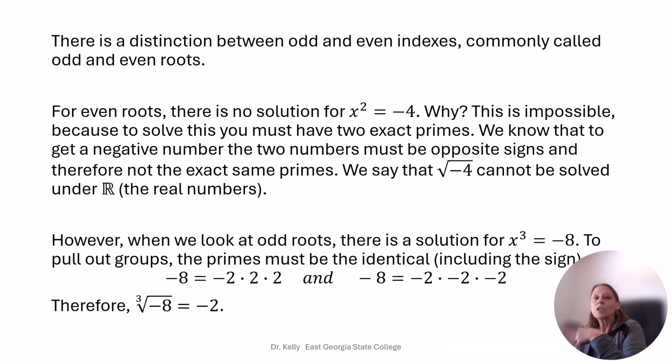There is a distinction between odd and even indexes, commonly called odd and even roots. For even roots, there is no solution for x squared is equal to -4 or x to the 4th is equal to -8 or any of that. There is no solution when you have an even index equal to a negative number.